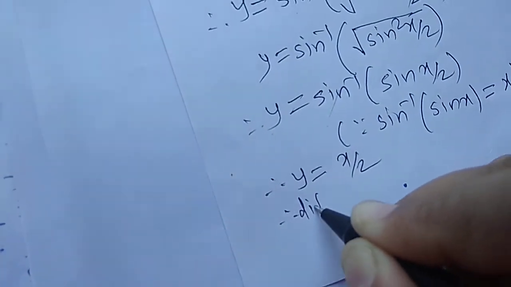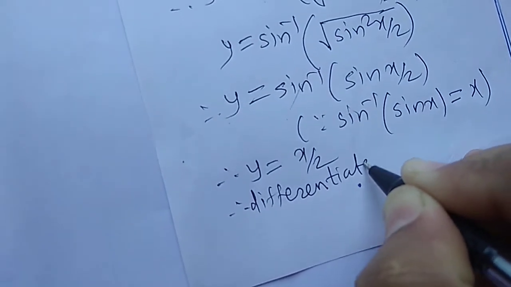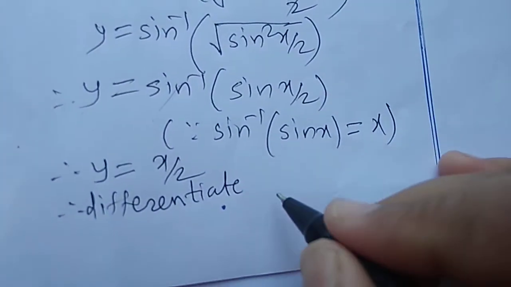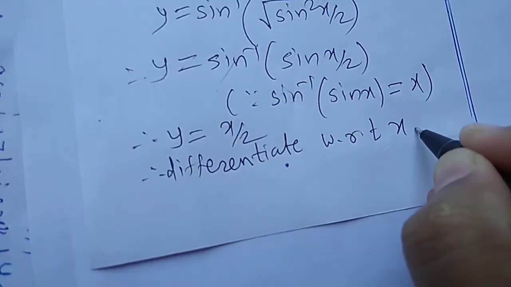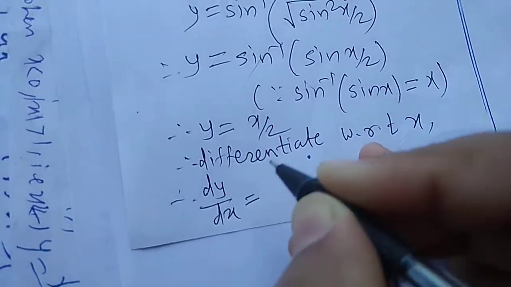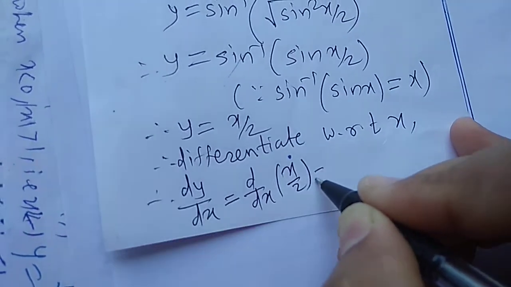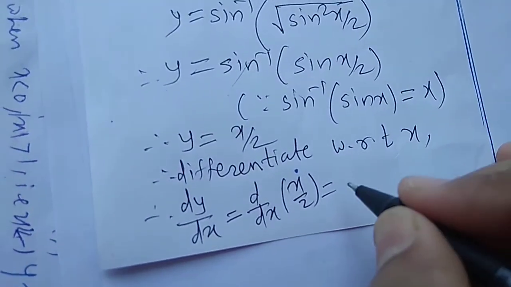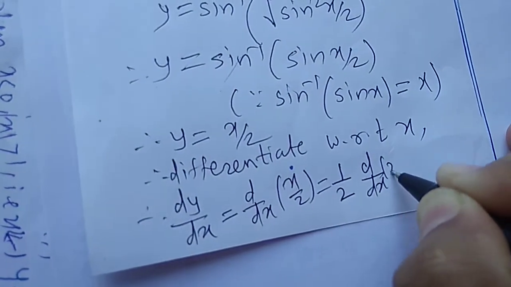So y is a function in variable x. Therefore differentiate y with respect to x, and therefore dy by dx is equal to d by dx of x by 2. So here 1 upon 2 is multiplied to x, and it is constant, therefore 1 upon 2 d by dx of x.